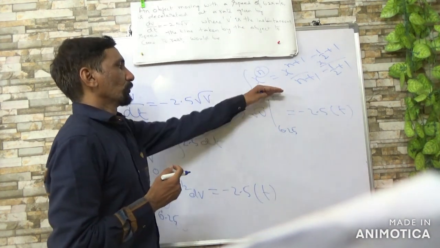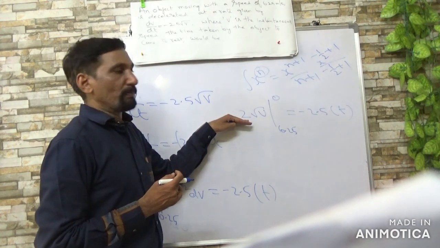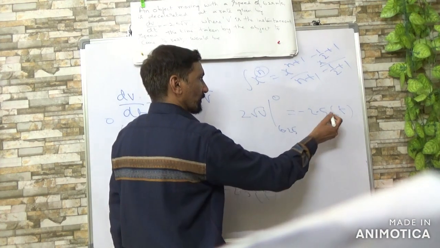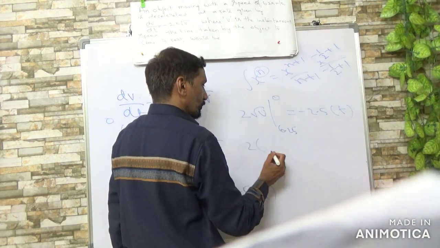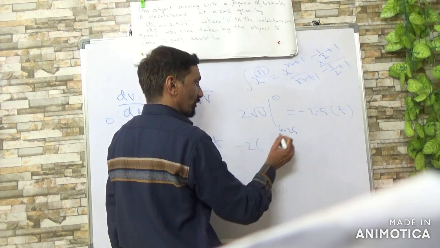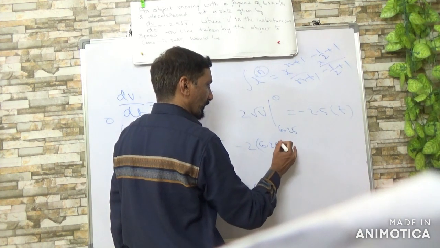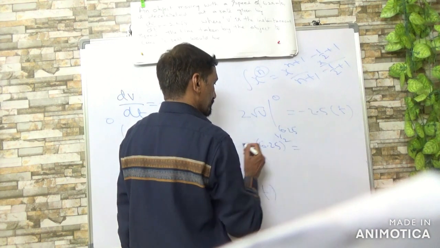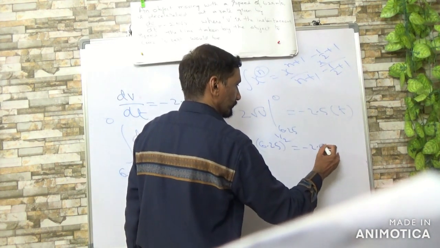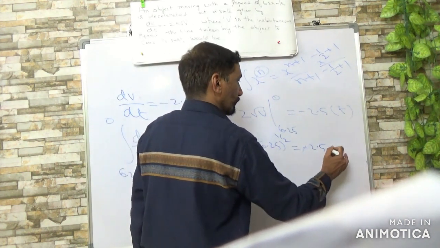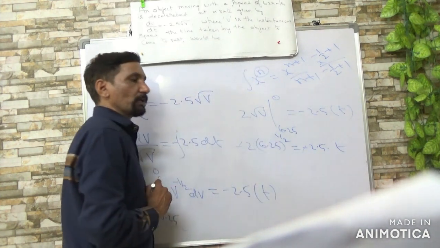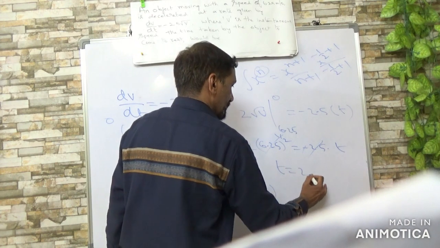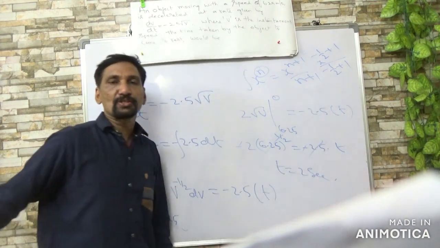Take first the upper limit, then the lower limit. After simplifying, that is 2 into minus root 6.25, minus minus cancels, equals 2.5 into t. When you simplify further, you get t equal to 2 seconds.